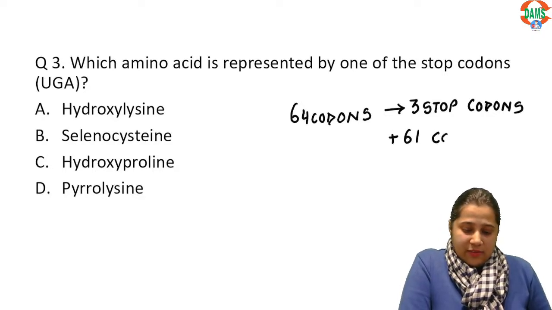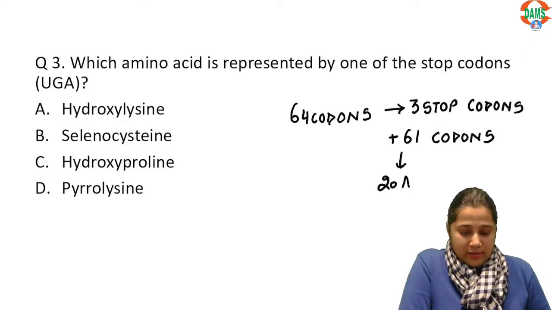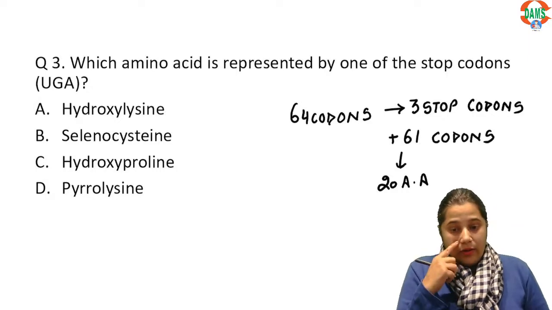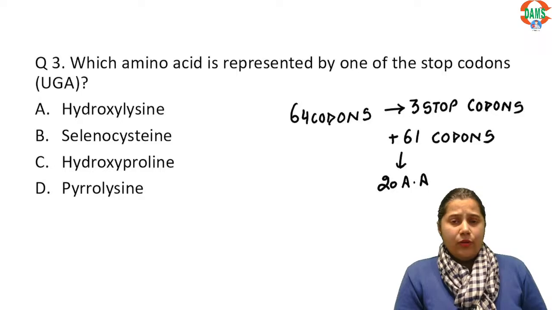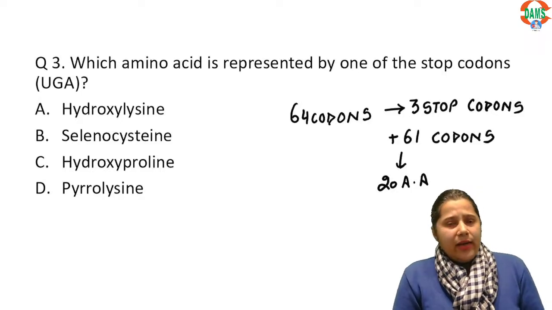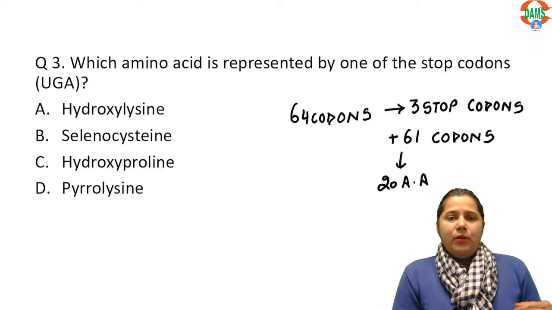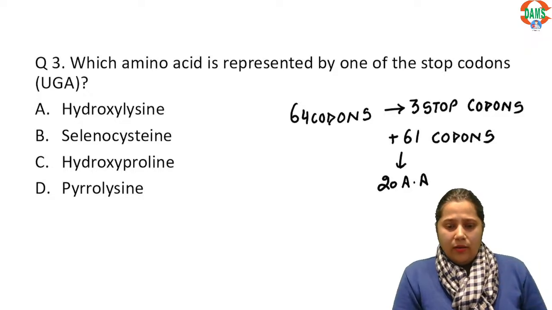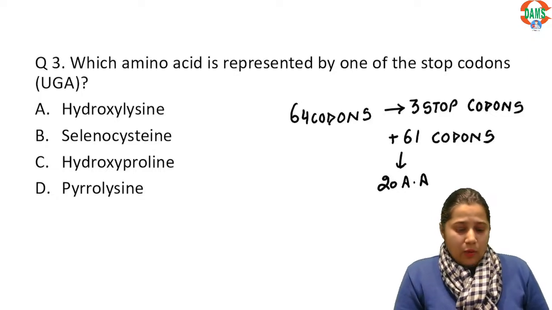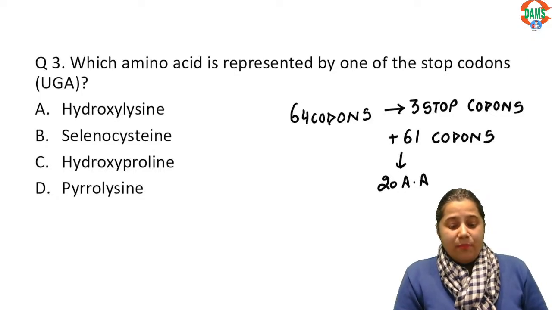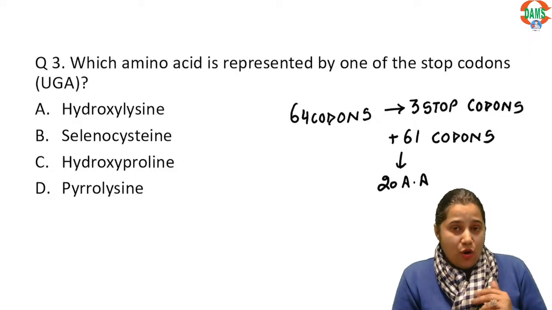Now these 61 codons are coding only for 20 amino acids. That is why an amino acid can be coded by more than 1 codon. There can be more than 1 codon coding for the same amino acid. Now, which amino acid is represented by one of these stop codons?